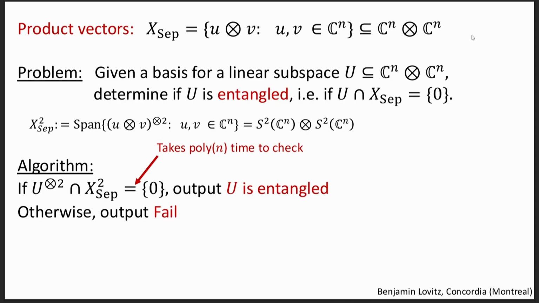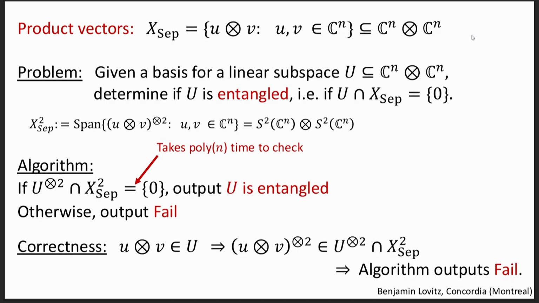That takes time order n to the 12th. And this is correct. If you had a product vector in U, then this product vector tensor twice would be both in U tensor twice as well as in X sub 2. So this is a correct algorithm, but how well does it do?